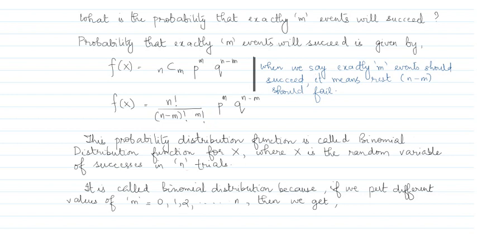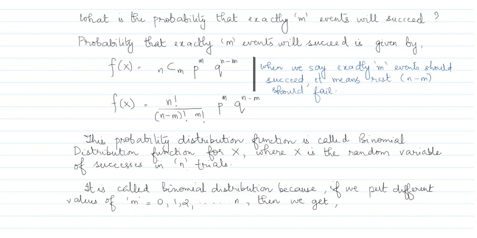Now, if you look at here, if we put different values of m, say, what are the different values possible for m? You are selecting these many events out of the given number of events n, അല്ലേ? അപ്പോൾ എമ്മിന് മാക്സിമം എടുക്കാൻ പറ്റുന്ന വാല്യൂ എന്ന് പറയുന്നത് n ആണ്. എം എന്ന് പറയുന്നത് ഒരു ഇവൻറ്റും സക്സീഡ് ചെയ്യാതിരിക്കുക എന്നുള്ളതുമാകാം.